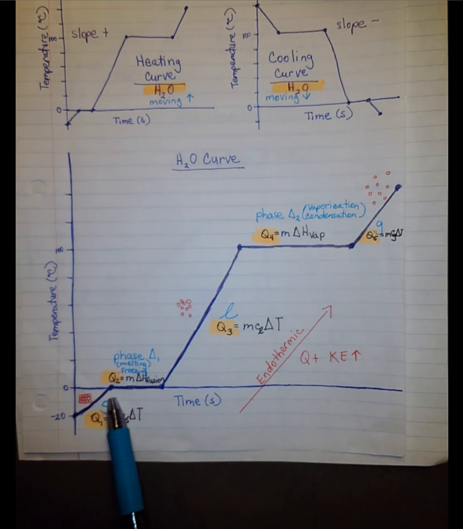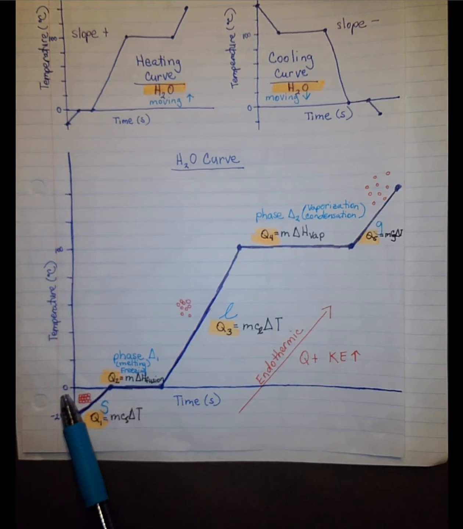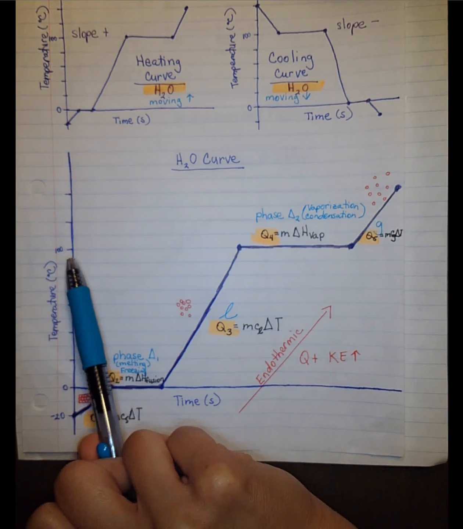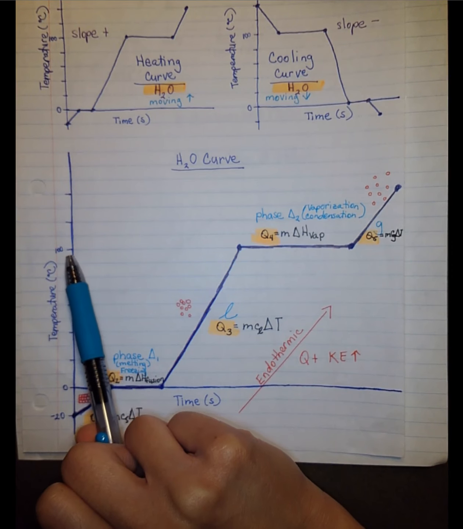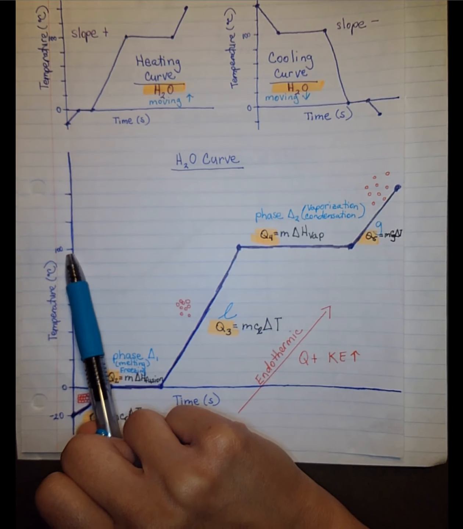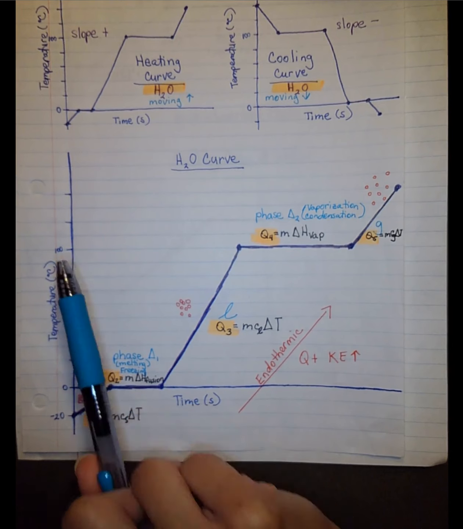So notice here for this substance, the freezing point happens to be at 0 degrees Celsius. And right here for the second phase change, the boiling point happens to be at 100 degrees Celsius.